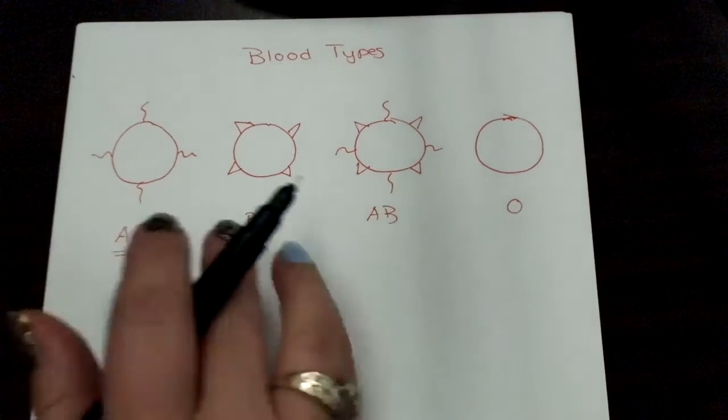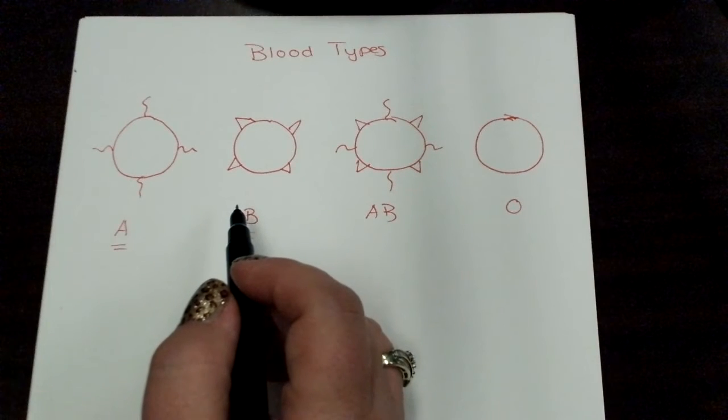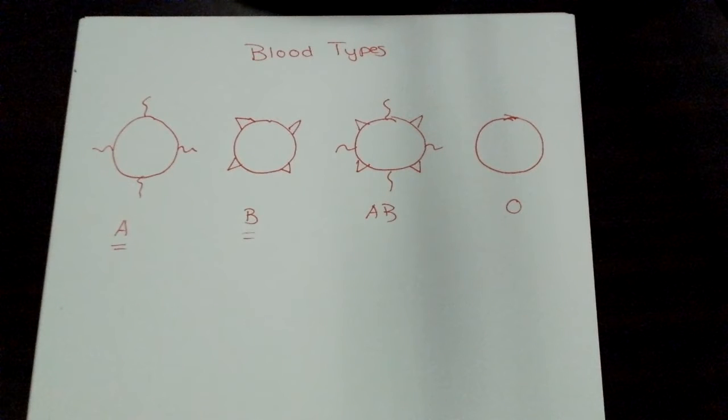There was one other thing that we talked about, and that one other thing is called the RH factor. So the RH factor, if you have it, that means that it would be on your blood type, okay?